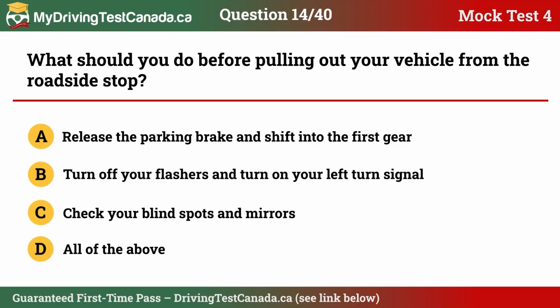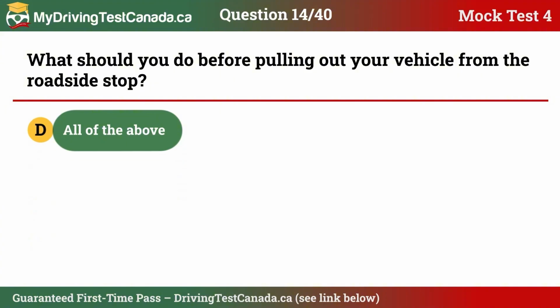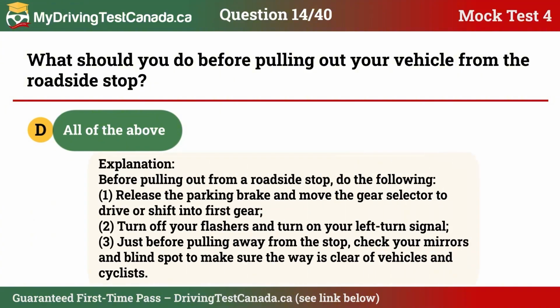The correct answer is D. All of the above. Explanation. Before pulling out from a roadside stop, do the following. 1. Release the parking brake and move the gear selector to drive or shift into first gear. 2. Turn off your flashers and turn on your left turn signal. 3. Just before pulling away from the stop, check your mirrors and blind spot to make sure the way is clear of vehicles and cyclists.